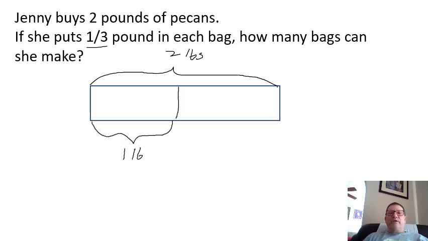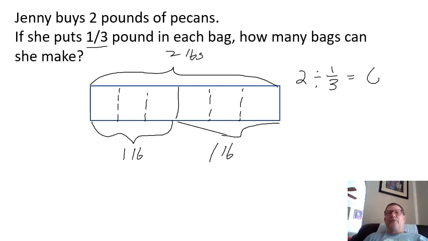And I'm doing that because it makes it easier for me to split them up into thirds. So now I got 1/3 pound in each bag, and I can see 2 pounds divided by 1/3 pound in each bag equals 6.